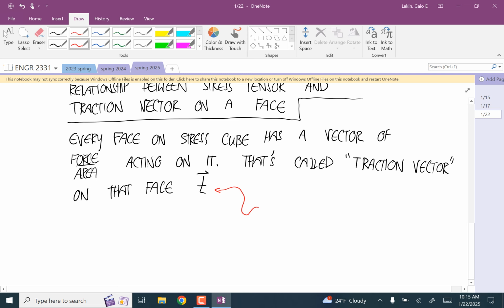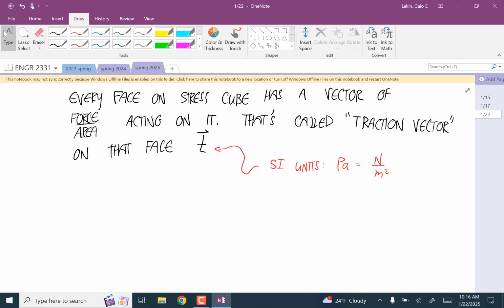So the units are the same as the units for stress. So the SI units are pascals or newtons per meter squared. And the cool thing about the stress tensor is if you take the stress tensor and multiply it by an outward facing normal to the face that you want, it gives you the traction.